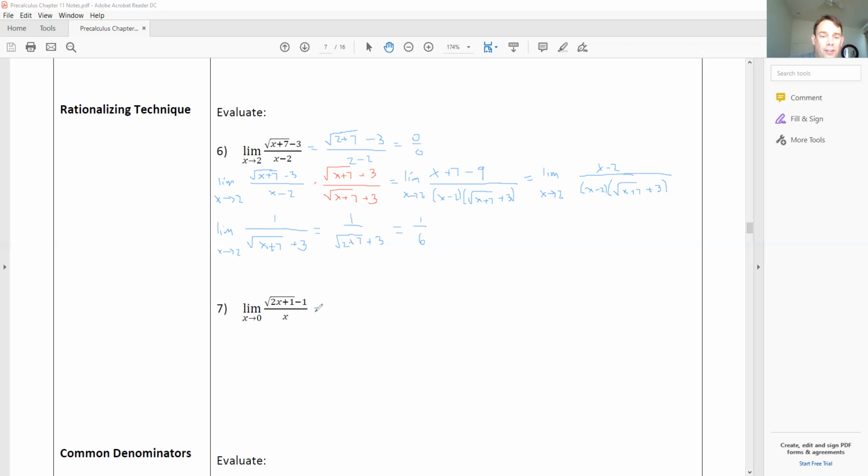All right, let's see how you guys did. You plug 0 in there, you get 1 minus 1 over 0, which is 0 over 0. So it's indeterminate. So once we know it's indeterminate, we can go ahead and evaluate.